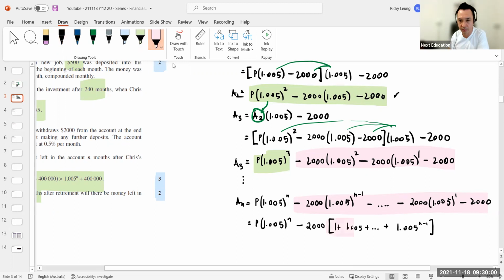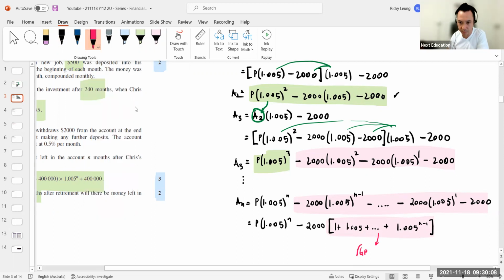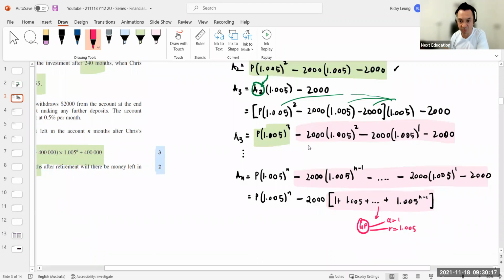Yeah, stick with the same colors, even though I used green in the last question. That's fine. This is a GP where A is 1, R is 1.005, and N is, well, N, because there are N terms: N minus 1, all the way down to 1 and 0. So let me see.